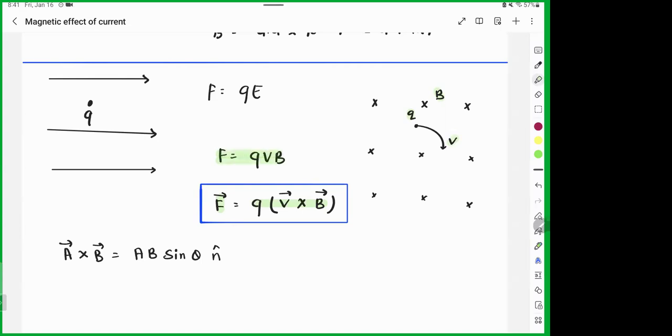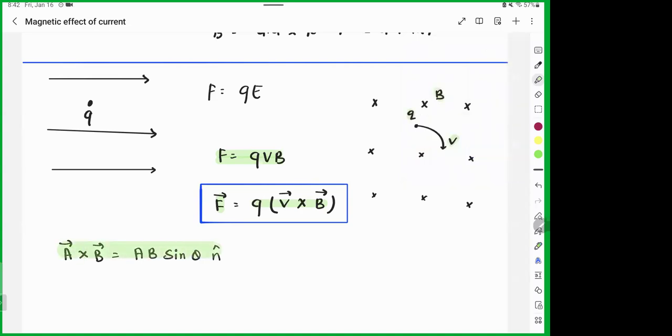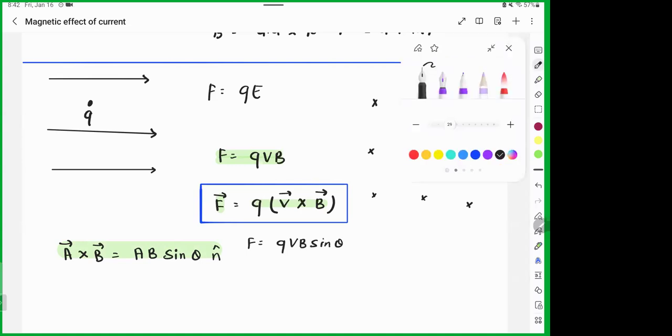The charge is moving with velocity V in the presence of magnetic field B. Force is a vector quantity and charge is scalar, so it is V cross B. According to the vector law, A cross B is equal to AB sine theta. In the same way, this force will be equal to QVB sine theta.